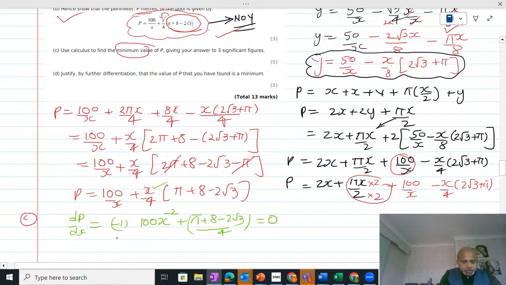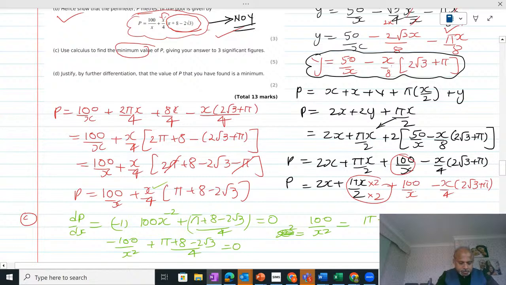Once you put it equal to 0, it should be minus 100 over x square plus pi plus 8 minus 2 root 3 over 4 equal to 0. Okay, so let's make x square as a subject. So let's write down this way: 100 over x square equal to pi plus 8 minus 2 root 3 over 4. I have cancelled both minus signs. So x square equal to 400 divided by pi plus 8 minus 2 root 3.